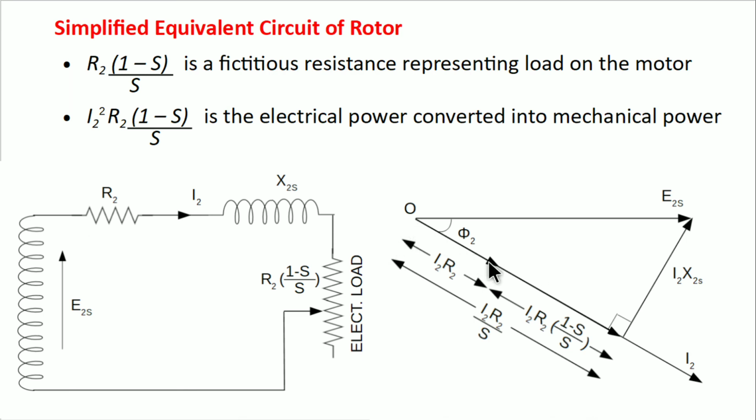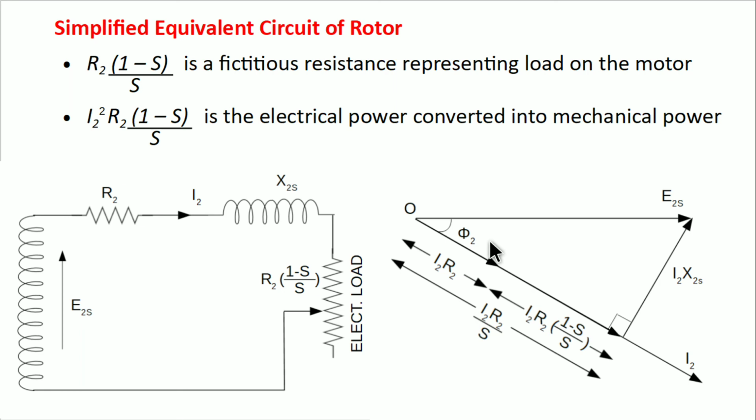This vector plus this vector plus this vector, and the resultant from starting position to final position, is E2S. This diagram is called the vector diagram of the rotor of a three-phase induction motor. Here the angle between E2S and I2 is phi 2. This phi 2 is the power factor angle. Cos phi 2 is the power factor of the rotor.